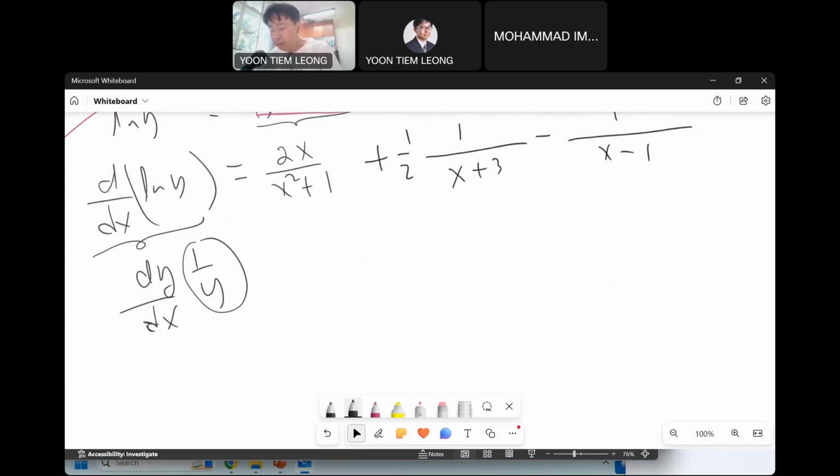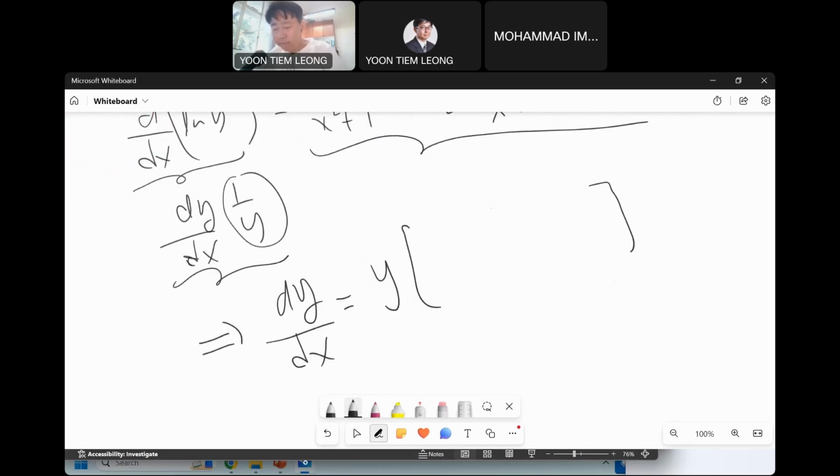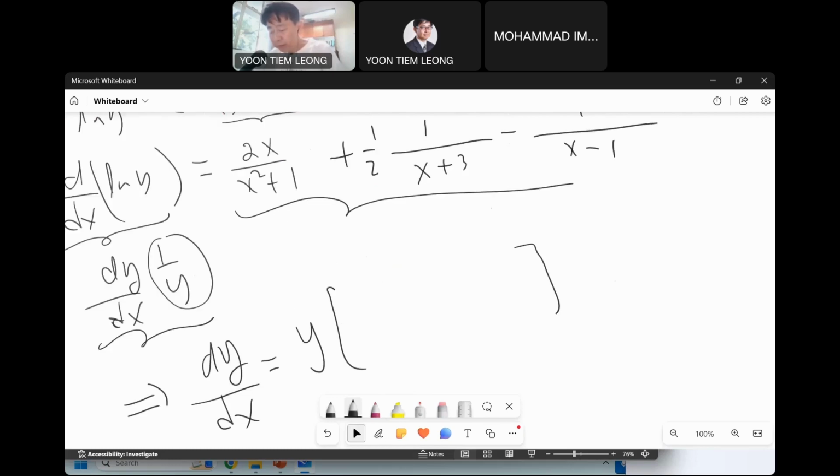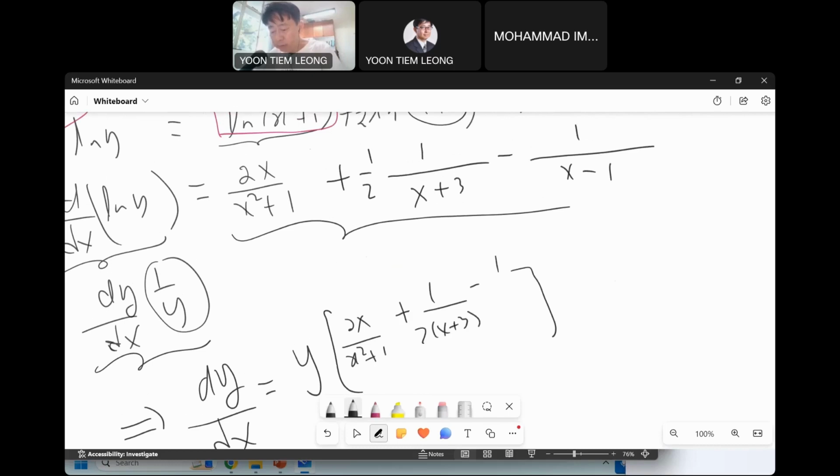After some small rearrangement, I can then express dy dx to be just y multiplied with the sum of the three terms, which is 2x over x squared plus 1, plus 1 over 2 of x plus 3, minus 1 over x minus 1, where the y is just the expression of this complicated expression.